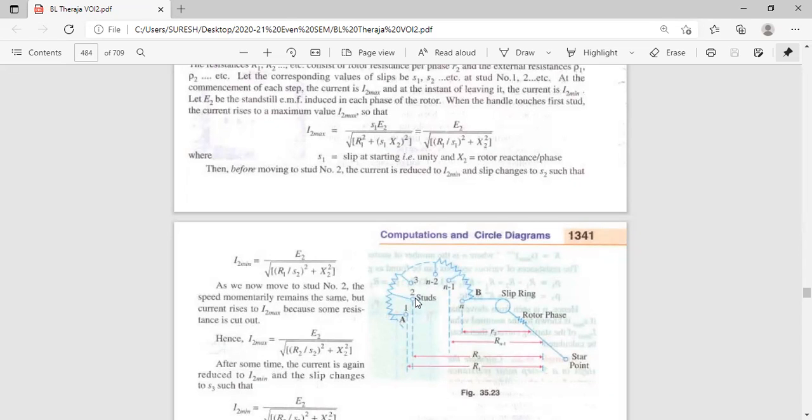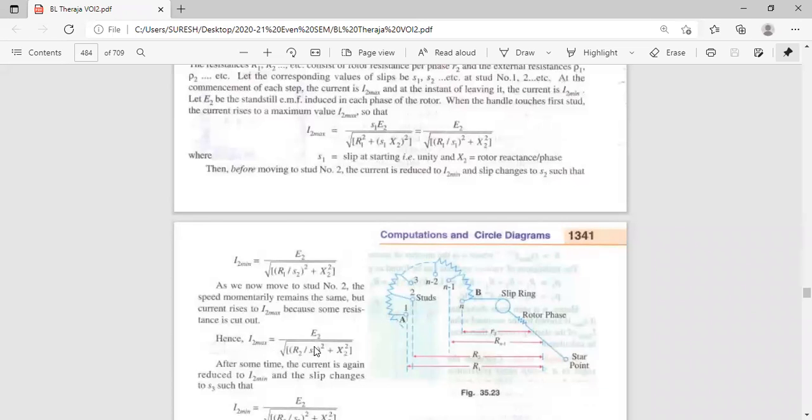When we move to stud number 2, speed momentarily remains the same, but the current rises to I2 max. At point 2, the current is maximum. At 3, minimum. Now I am taking I2 max.